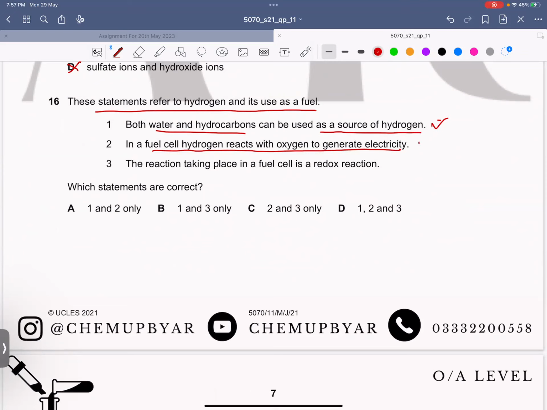The reaction taking place in a fuel cell is a redox reaction. Yes, it is. Why? Because hydrogen is an element having an oxidation number of 0 and oxygen is an element having an oxidation number of 0, forming H2O, where hydrogen is oxidized and oxygen is reduced. So all three statements are correct, which makes A, B, and C wrong, and D is your correct answer.